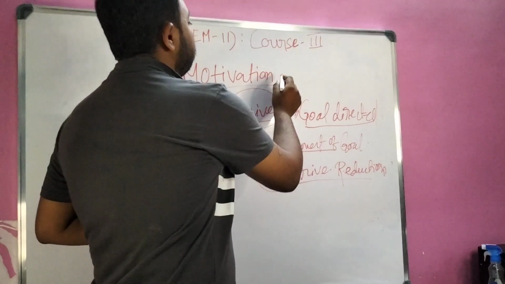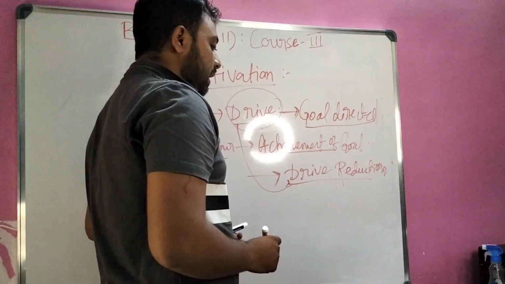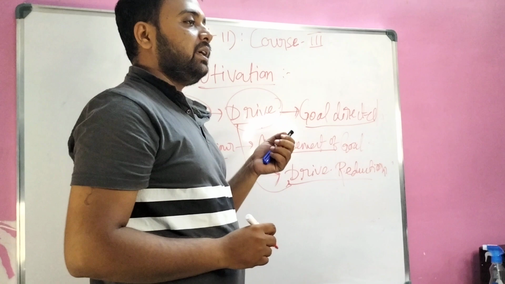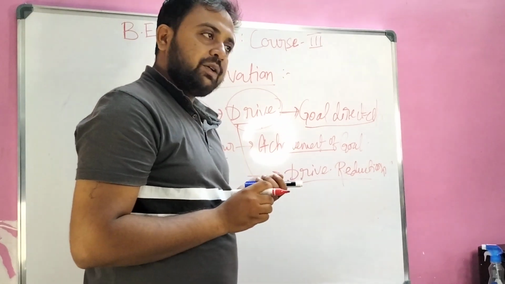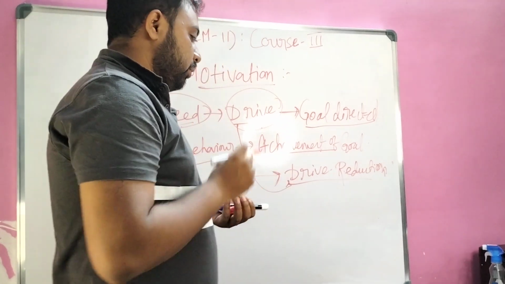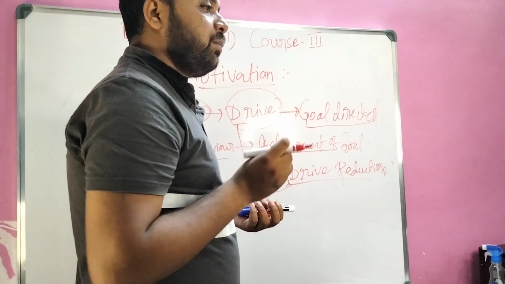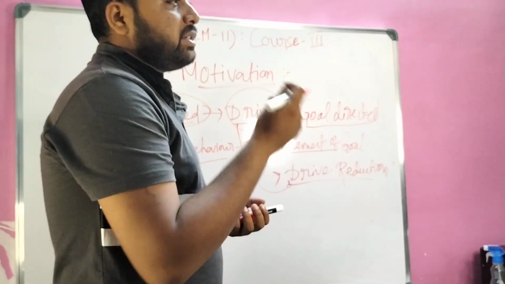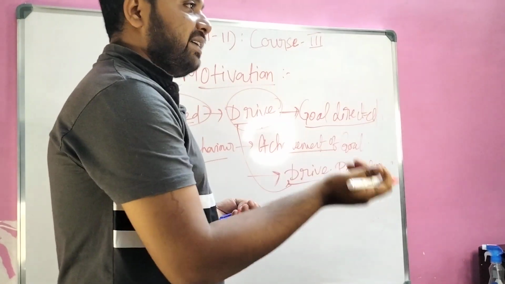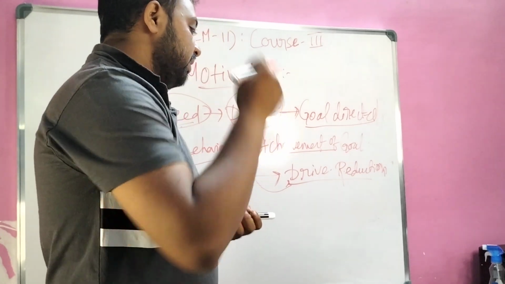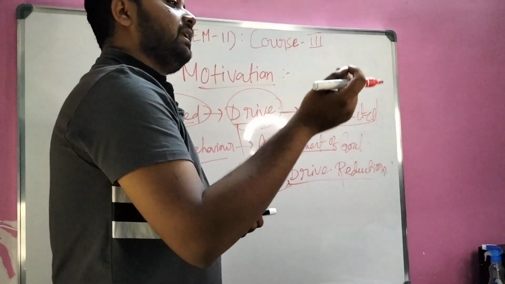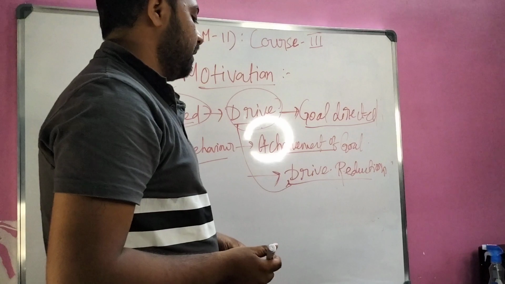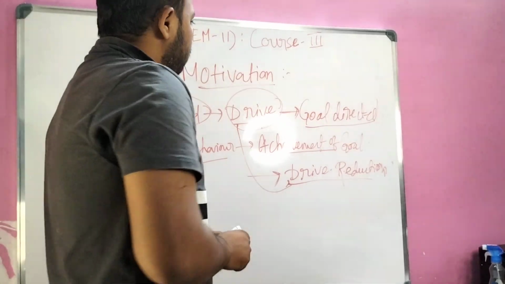So we saw a few characteristics of motivation. First, motivation helps in goal directed behavior. Second, motivation is a psychological process. Motivation also helps in drive reduction. Motivation helps in learning. These are a few characteristics of motivation.